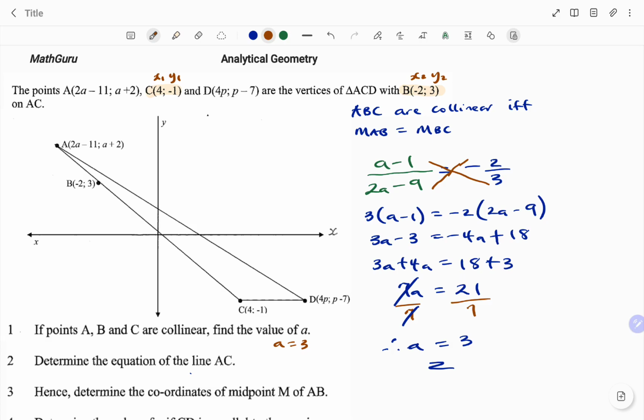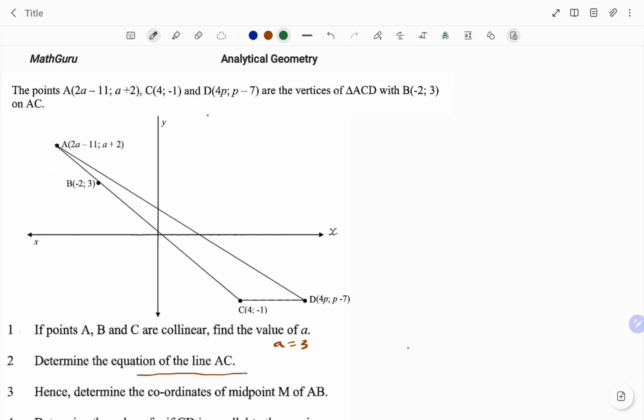The next question says, determine the equation of the line AC. The standard formula for finding the equation of a line, one of them, is y equals mx plus c. Note that in the first part of the question, we were able to calculate the gradient, which is m.